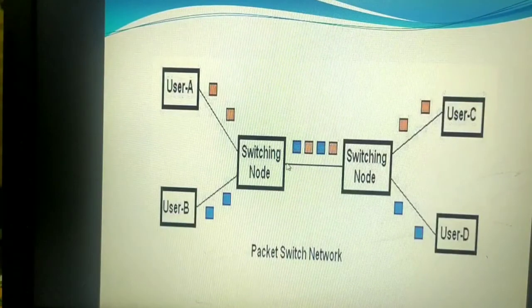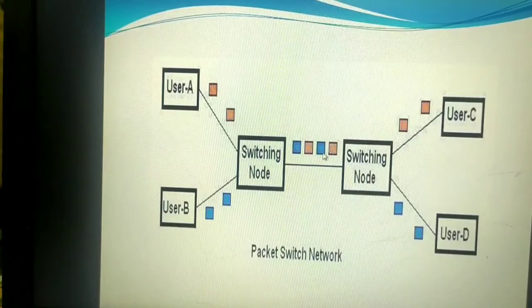But here, while reaching the nearest switching node, user A's first packet might be the first to reach, maybe then the second is user B's packet. It might be A, then A's second packet, and then user B's packet, as I have given the sequence numbers here, A and B, and 1 and 2.